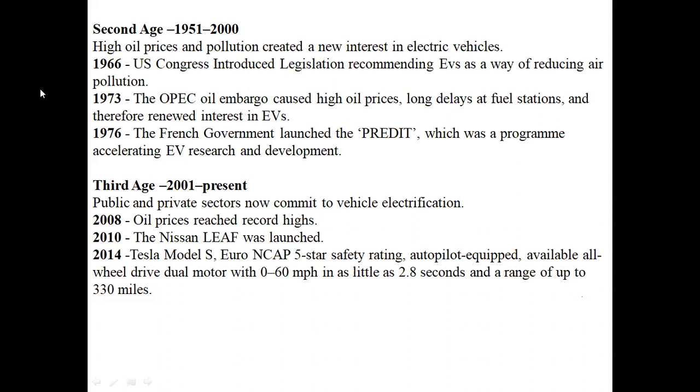The rating of these vehicles is that the motor goes 0 to 60 miles per hour in 2.8 seconds, and the range is up to 330 miles. Today, a lot of EVs are available in the market with good mileage.